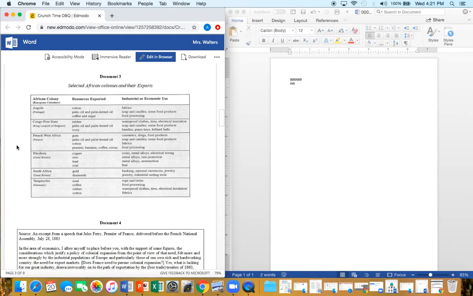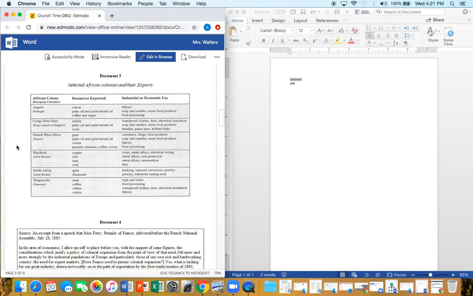Okay, document 3. Selected African colonies and their exports. Angola, ruled by Portugal, exports cotton, palm oil, coffee, and sugar. All of those help Portugal with industry. So, this again is going to be industry or economic based.